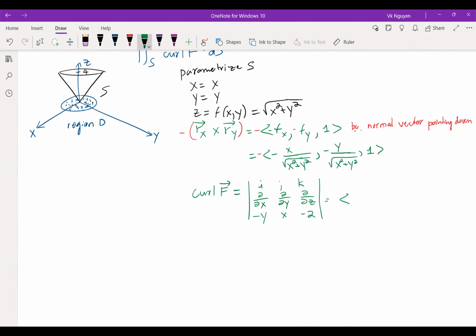Let's see. So 0 and 0. So it's going to be 0. 0, 0. So it's going to be 0. 1. 1 minus negative 1. So it's going to be 2. Oh, how nice. And now curl F dot the normal vector.